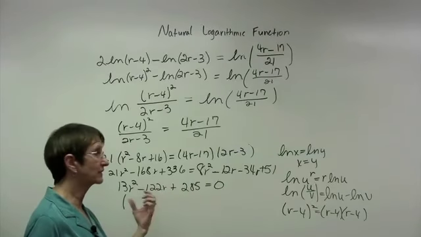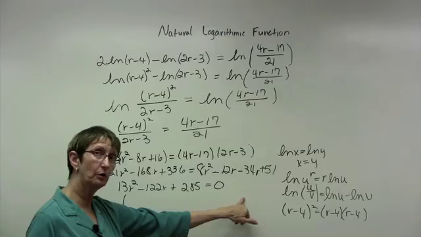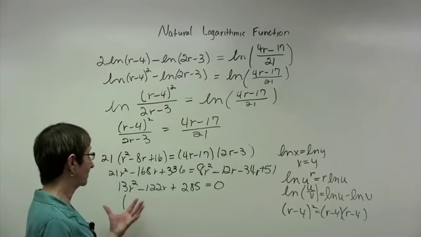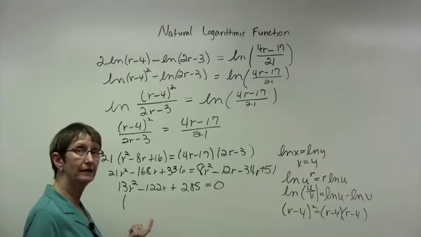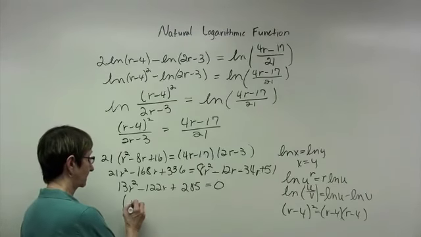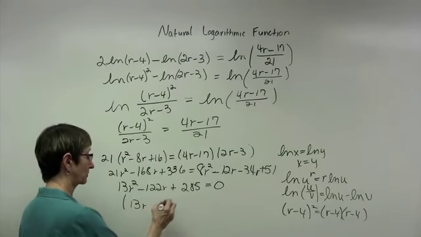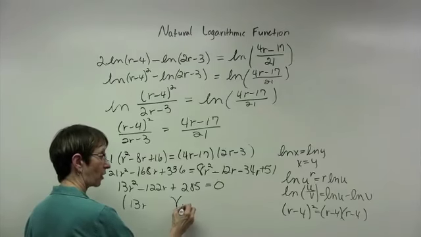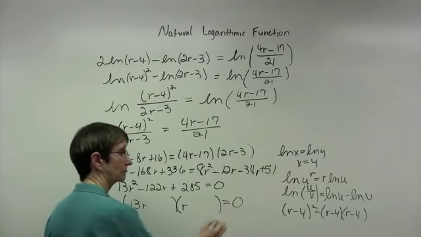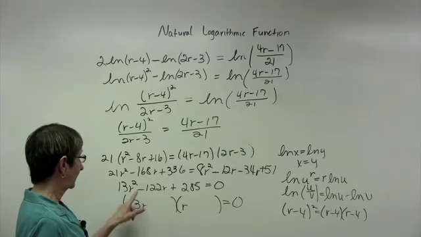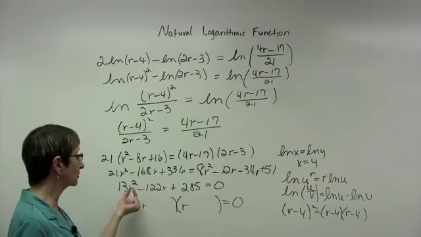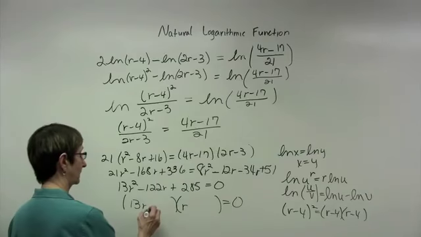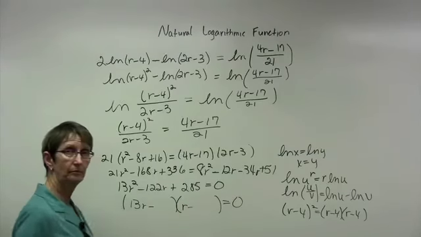It's a quadratic, and to factor, it has to be equal to 0. So let's see what we can think about this. 13 is prime. It's only 13 times 1, so we're very limited. We have to have 13r here. We have to have r here. This is a minus. This last term is a plus, so we have to multiply two negatives to get our positive. So both of these are negative.